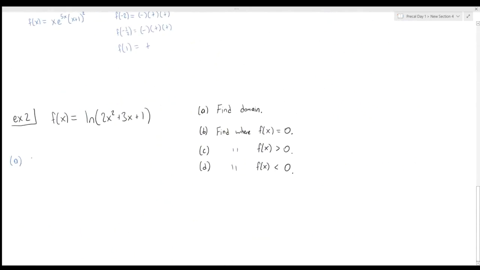So what that means over here is this function will only be defined when, okay, so we know the inside of the natural log has to be positive to be defined. So what we need to do is figure out where this polynomial is positive in order to get the domain of our function, okay?